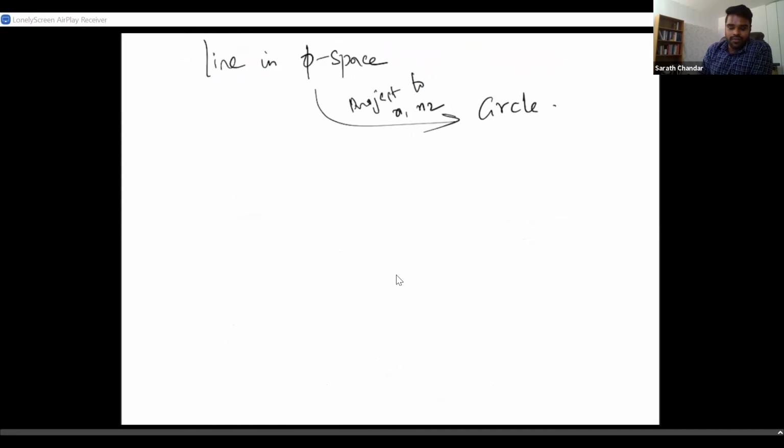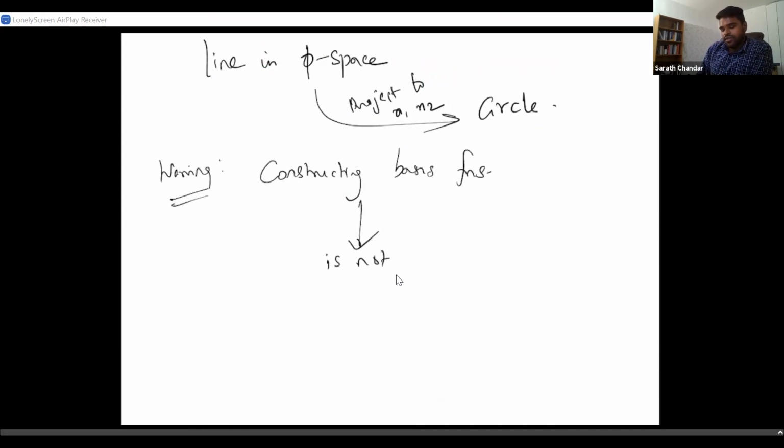This says that basis functions are very powerful, but there is a quick warning. Constructing basis functions is not easy. It's not a one-time job that you could then use for every dataset.